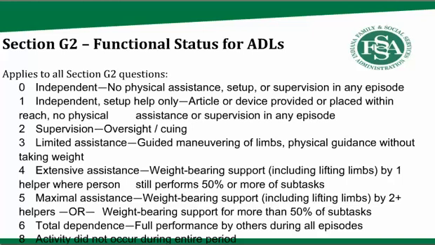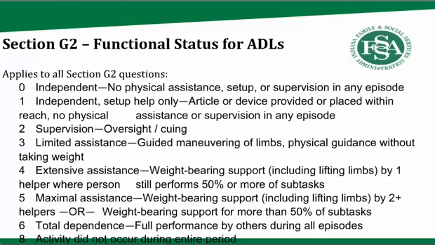Limited assistance looks at guided maneuvering of limbs and physical guidance without taking weight. Examples of that would be buttoning and tucking in shirts, fastening belts, those types of things. So you're providing some physical assistance, but you're not taking on any weight as it's happening. Extensive assistance looks at weight bearing.